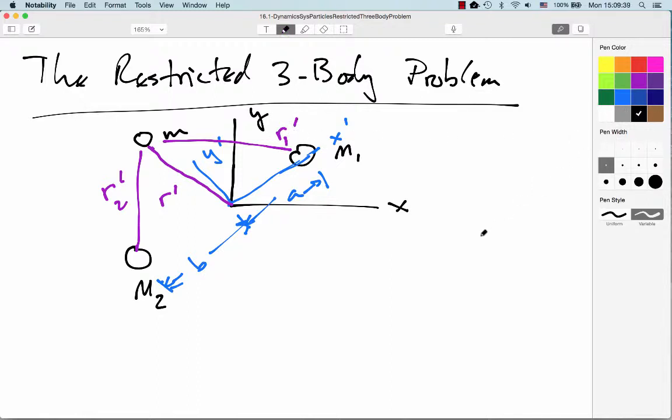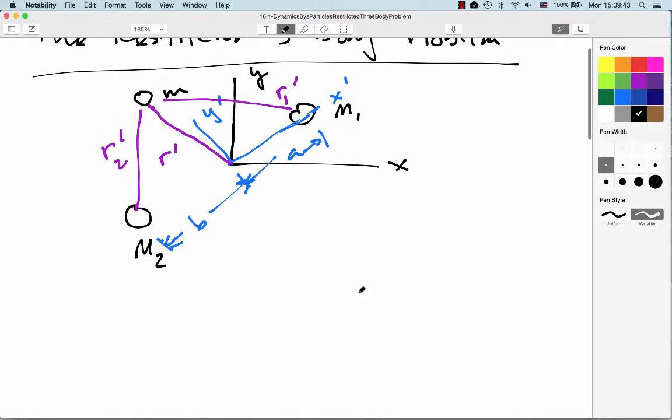Alright, so we can start by writing the external forces. The external forces will be minus G times M1 m over R1 prime squared.